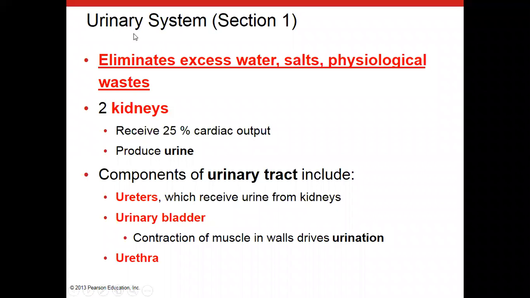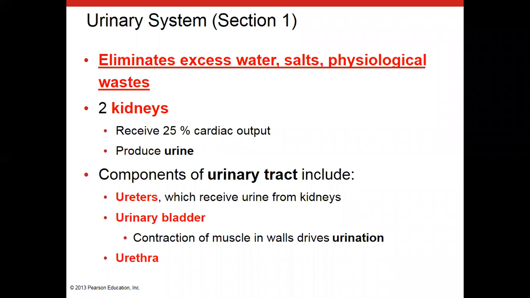Here we go. So the major structures in the urinary system are obviously the kidneys, which receive about 25% of cardiac output at any given time to produce urine. The job of the kidneys, and the major functional unit of the kidney, called a nephron, is to filter blood and get rid of any excess water, salts, and wastes that shouldn't stay in the blood by producing urine.